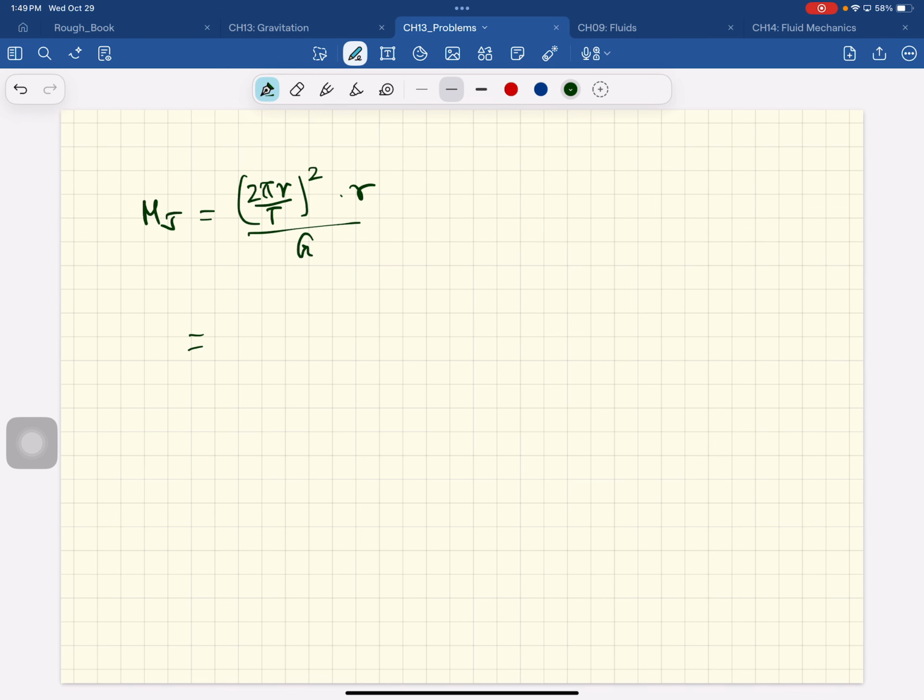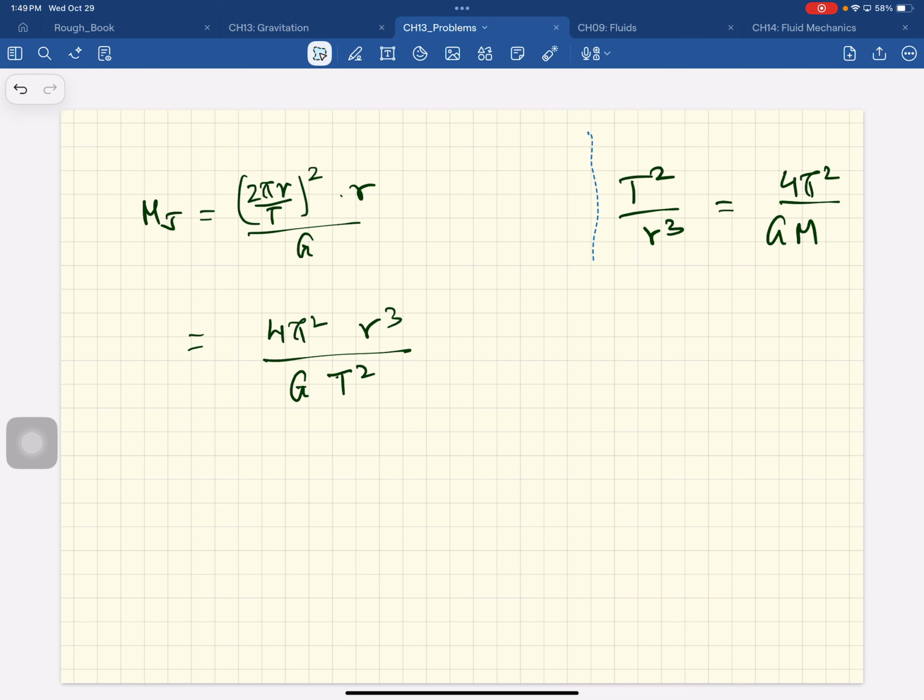So this is 4 pi squared r cubed divided by G T squared. Kepler's third law says T squared over r cubed is equal to 4 pi squared over GM. That's Kepler's third law. So we essentially derived it. But anyway, there's the mass of Jupiter.